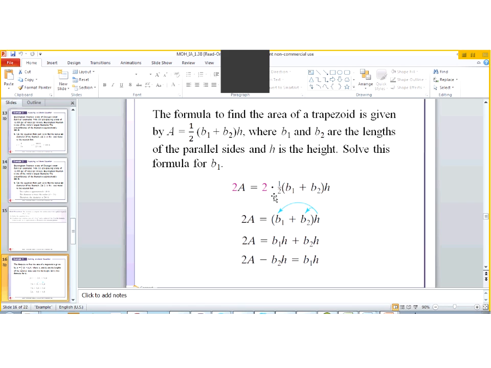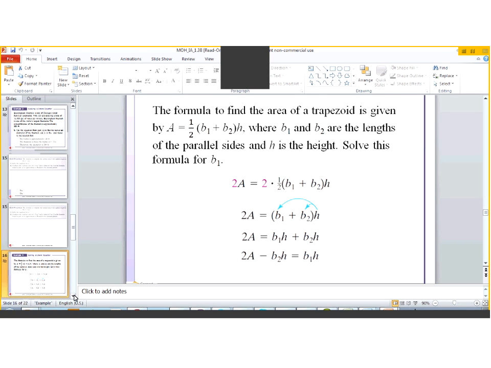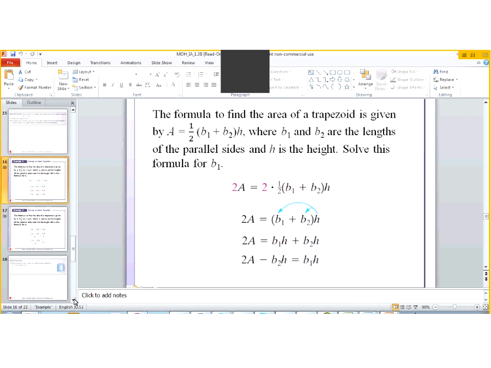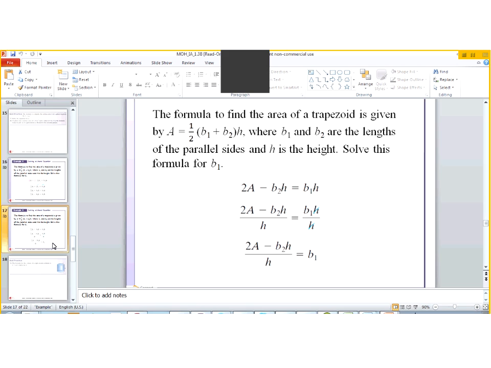So if I multiply both sides of the equation by 2, I would get 2A is equal to (B1 plus B2) times H. And then I need to distribute here and then move the one term that I don't need, namely B2H, to the other side of the equation, and then divide both sides by the coefficient of B1, which is H. That's how you isolate that. So you find B1 is equal to (2A minus B2H) over H.